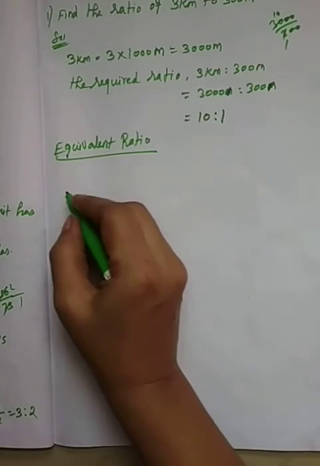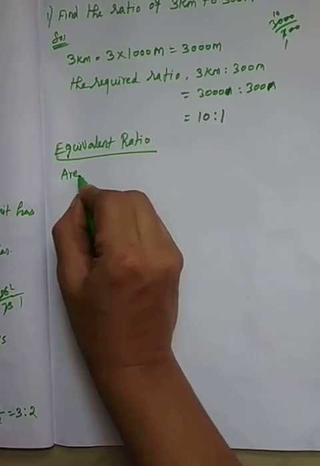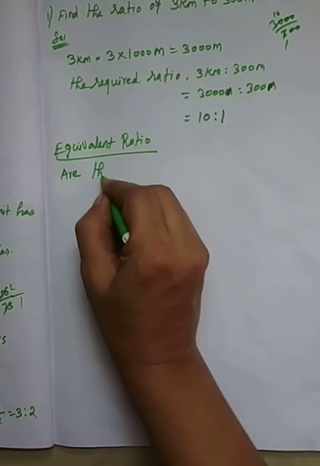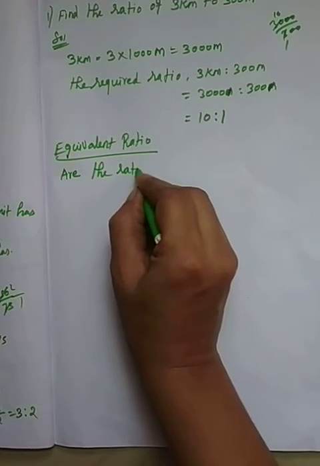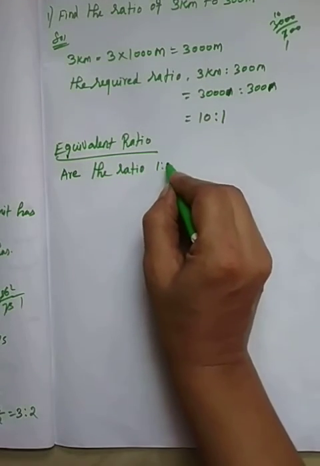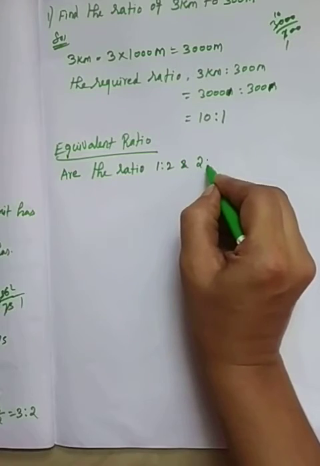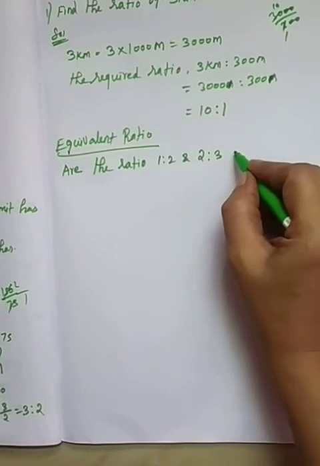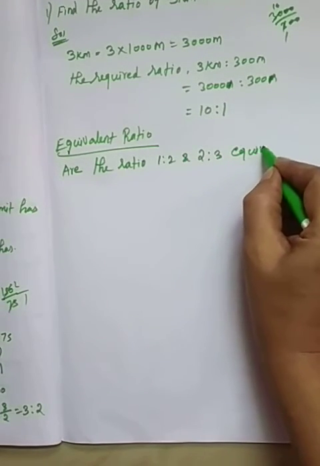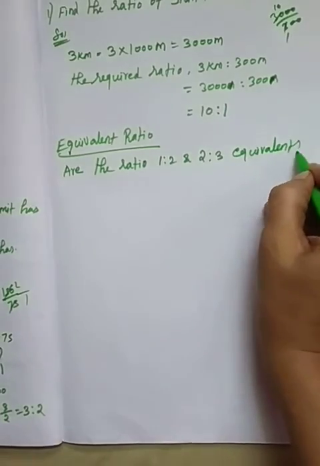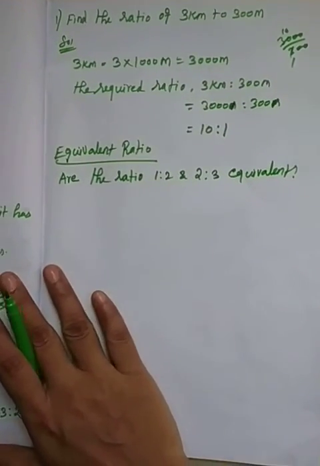See one example. Are the ratios 1 is to 2 and 2 is to 3 equivalent? Now listen.